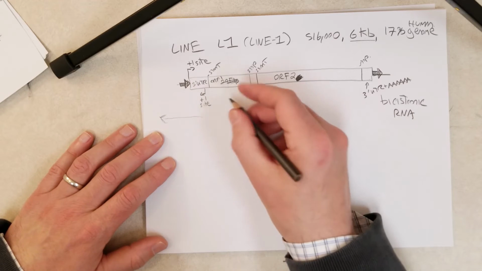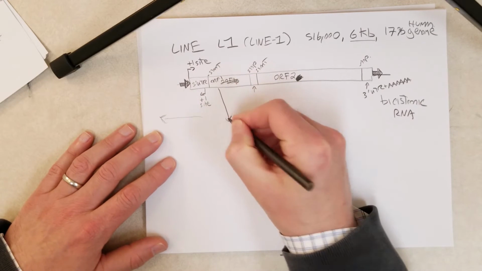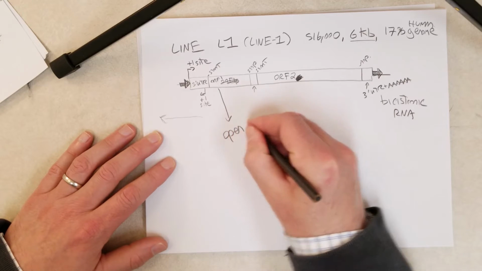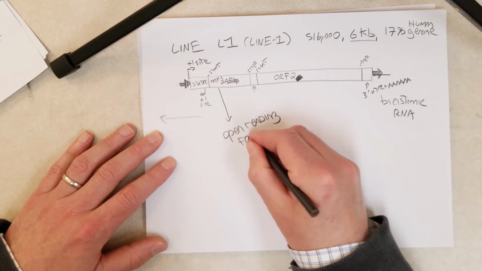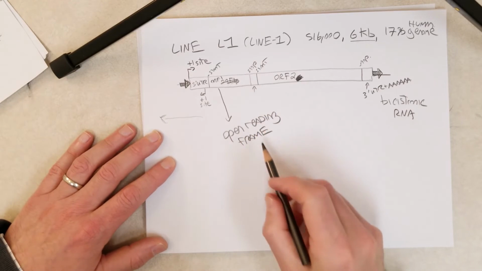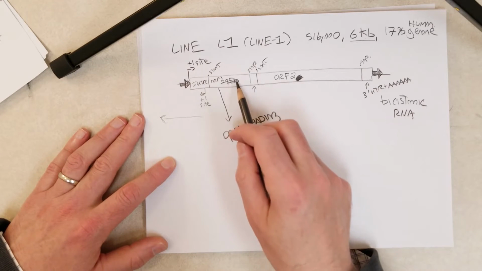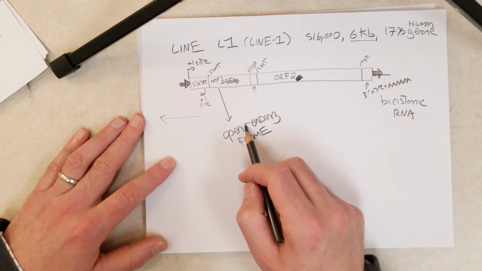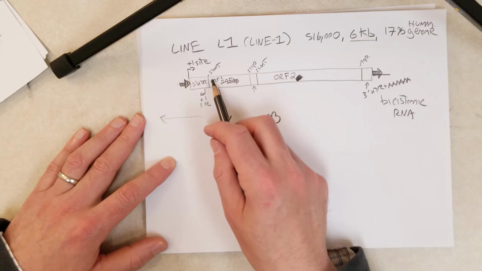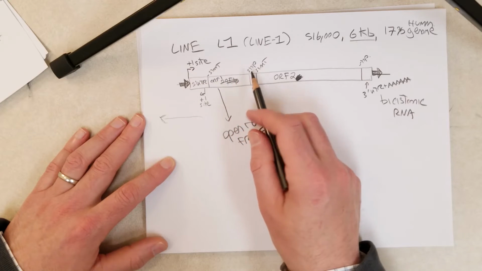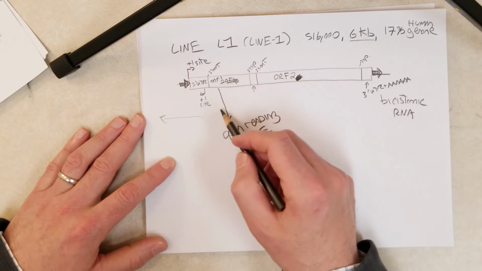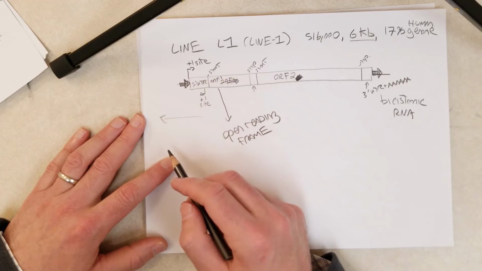So ORF, what does this stand for? ORF stands for open reading frame. So essentially it's part of a genome where you can go from a start codon all the way down to a stop codon without there being another stop codon in between.